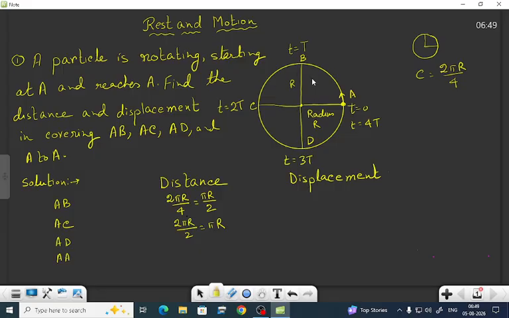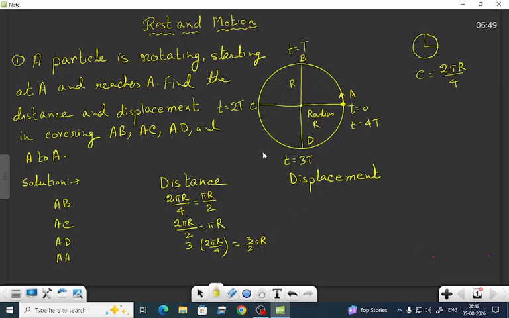If you find the first quadrant, the first quadrant is 2 pi r by 4. It is 2 pi r by 4 multiplied by 3. So A to D will be 3 by 2 pi r, right?